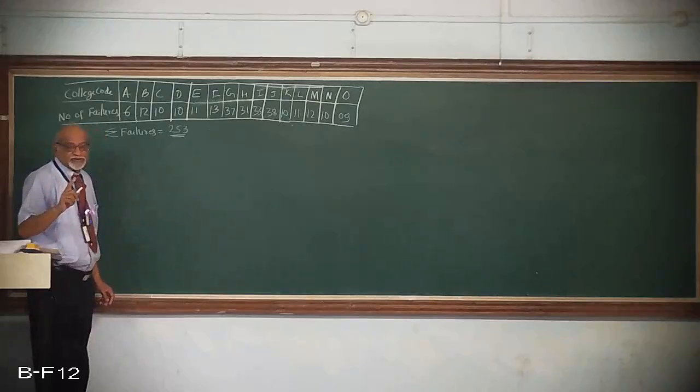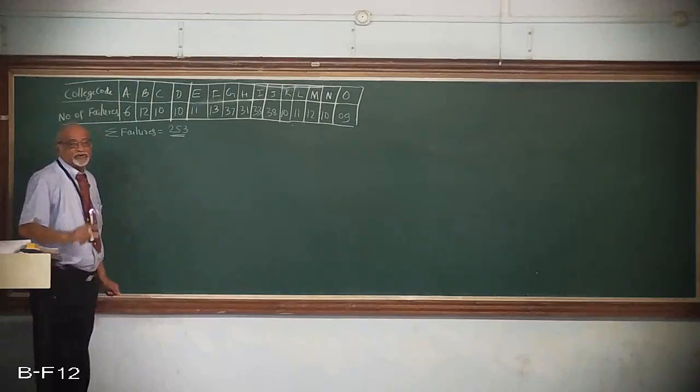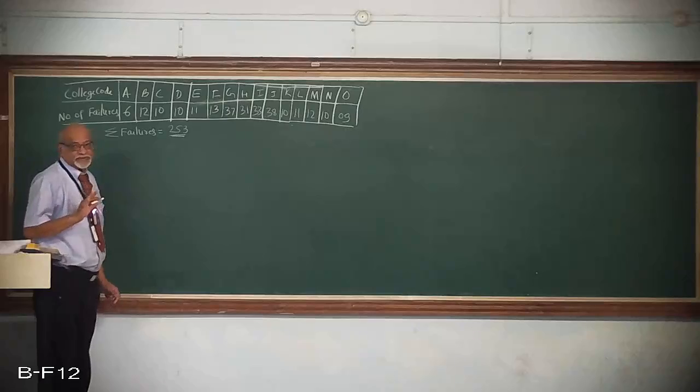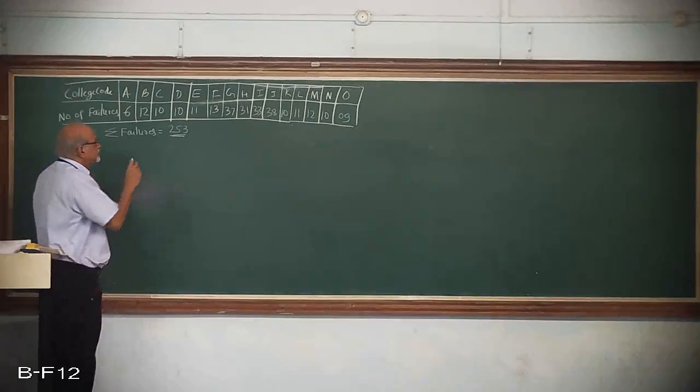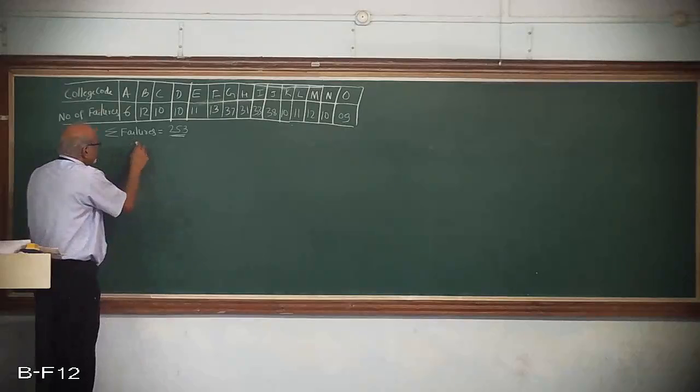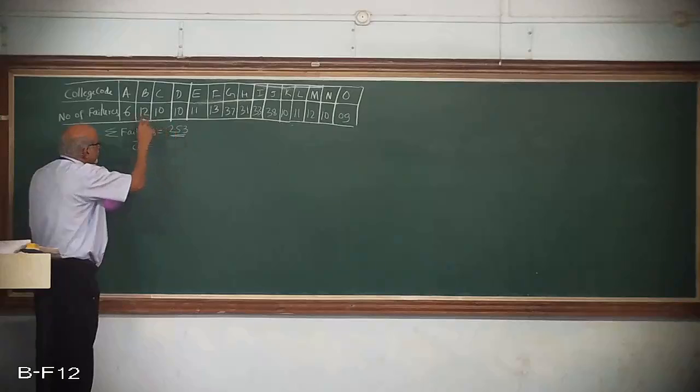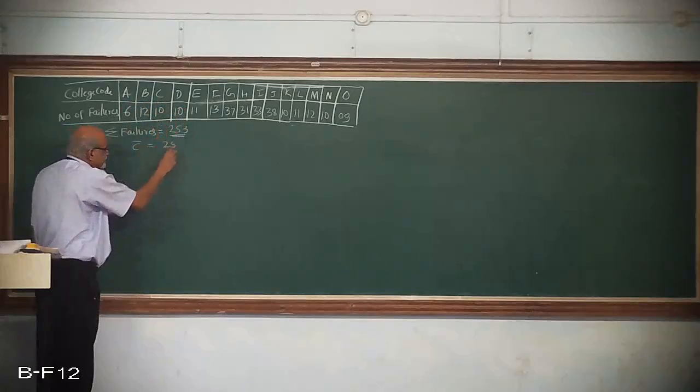Hence, we are going to use the C chart. Then the average value C bar is to be found out. That is equal to total number of failures divided by number of colleges. Number of colleges is 15, hence 253 divided by 15.